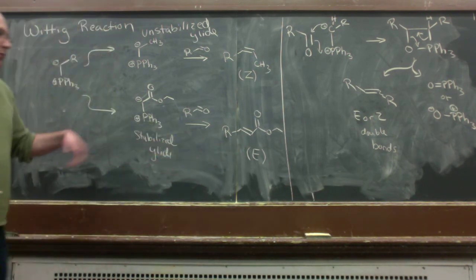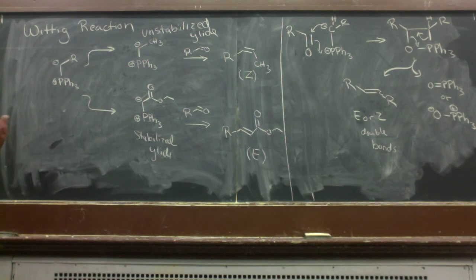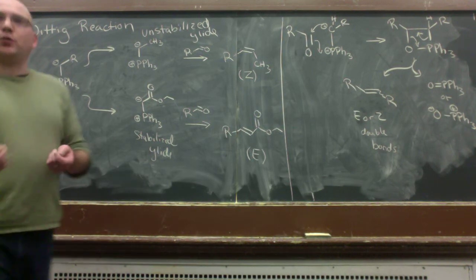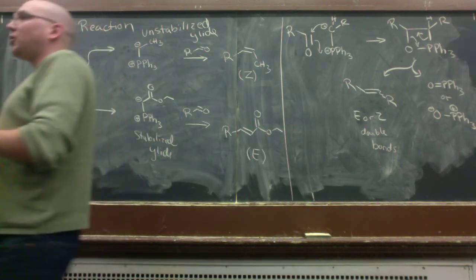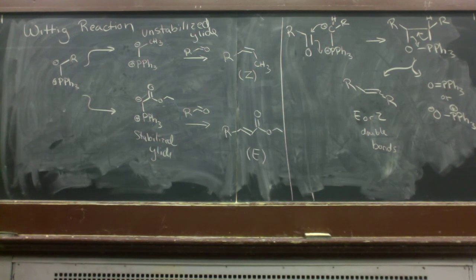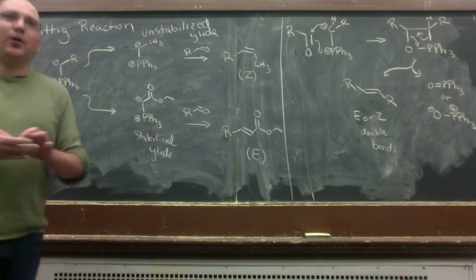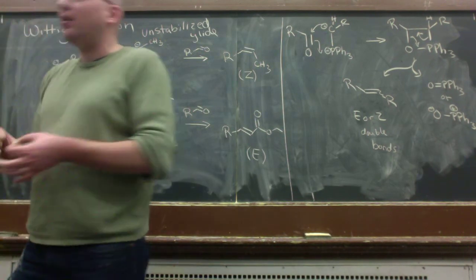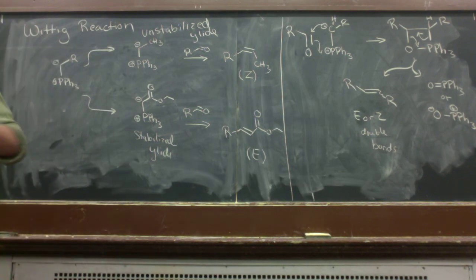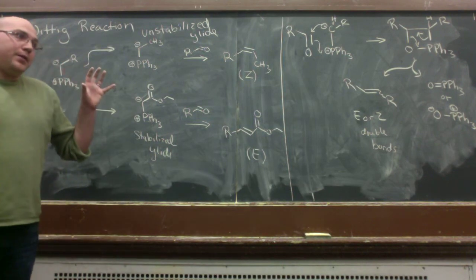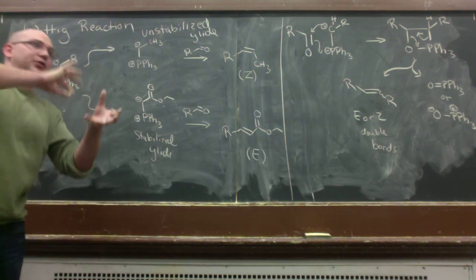Now, from a standpoint of rationalizing this, without going into depth in the mechanism, the reasons have to do with thermodynamic versus kinetic controlled processes. It's not so new, it was a while ago, but when I was in graduate school, a paper came out, which shows my age, that basically changed the viewpoint.